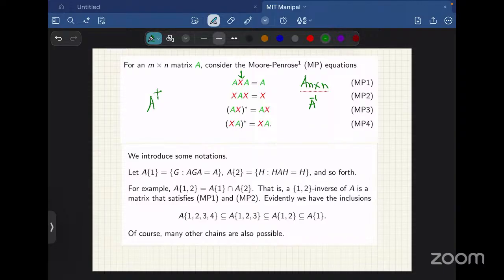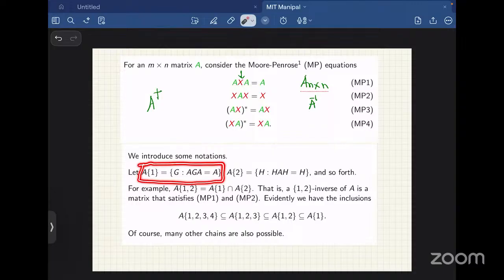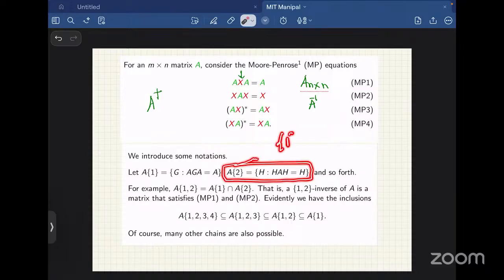Quickly we will see the implications of each equation. We denote by A{1} the collection of 1-inverses of A, which means the matrices which satisfy the first equation, AXA equals A. If matrices satisfy the second equation, then we write A{2}, the collection of all 2-inverses.